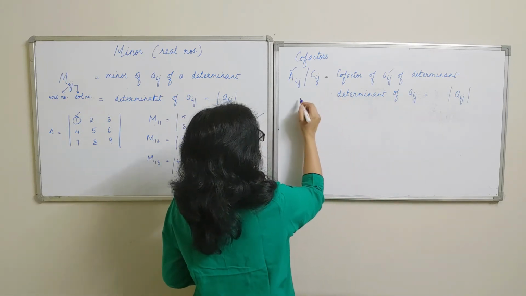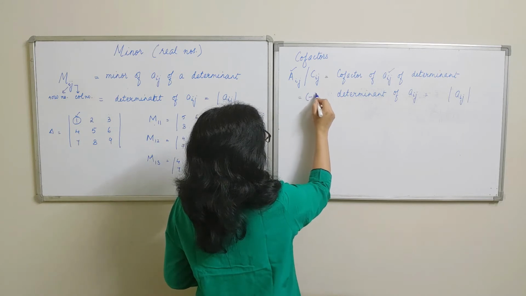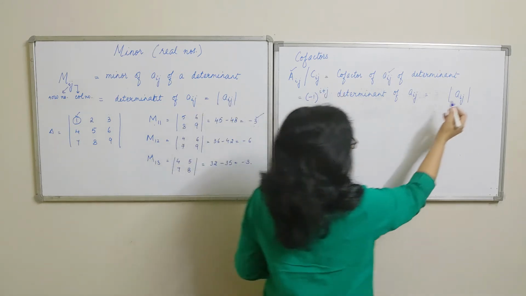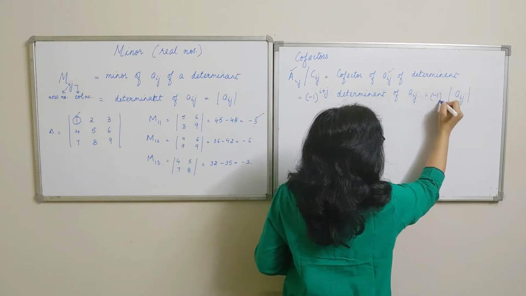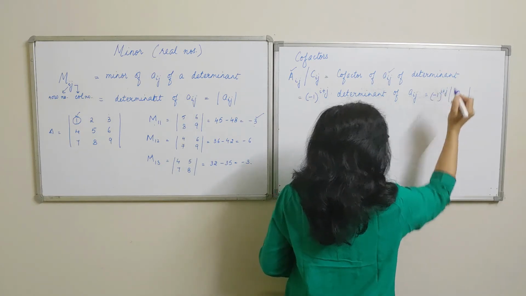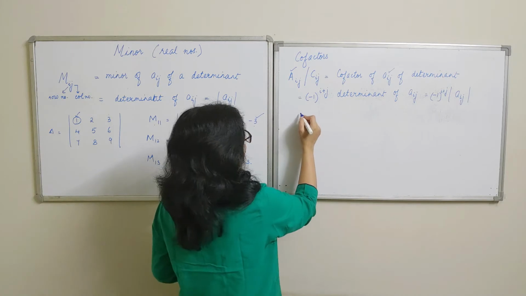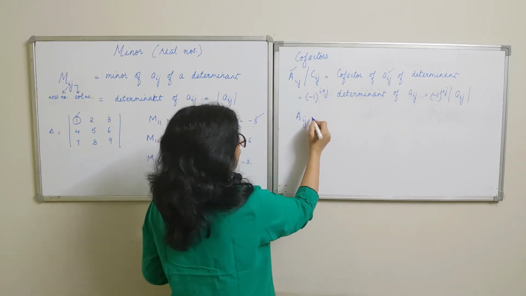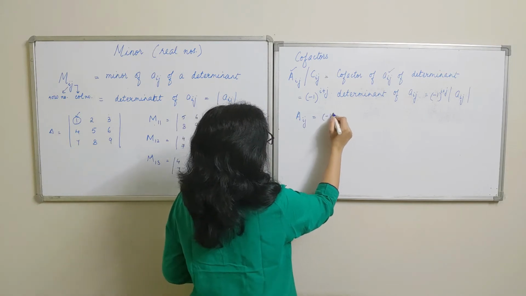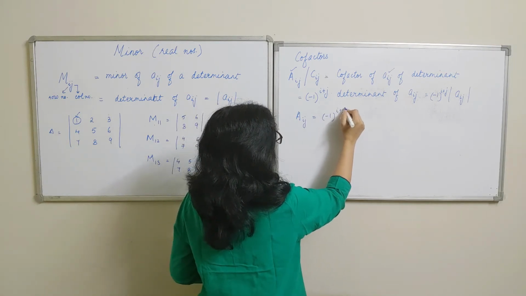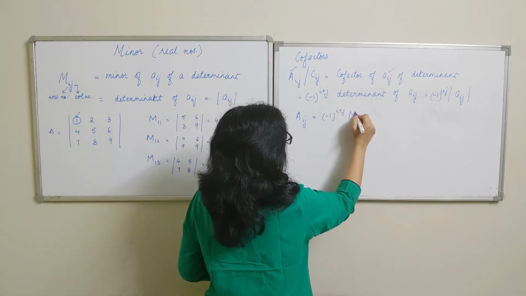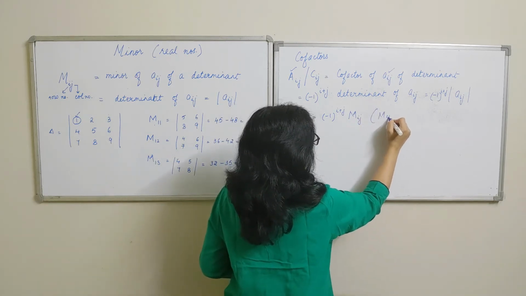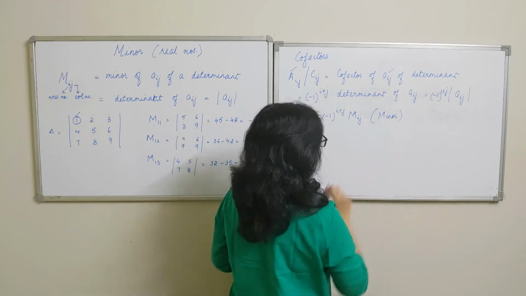The determinant is to be multiplied by minus 1 raised to power I plus j as well. So in short, the cofactor of any element is minus 1 to the power I plus j into Mij, where Mij is the minor of that corresponding element.